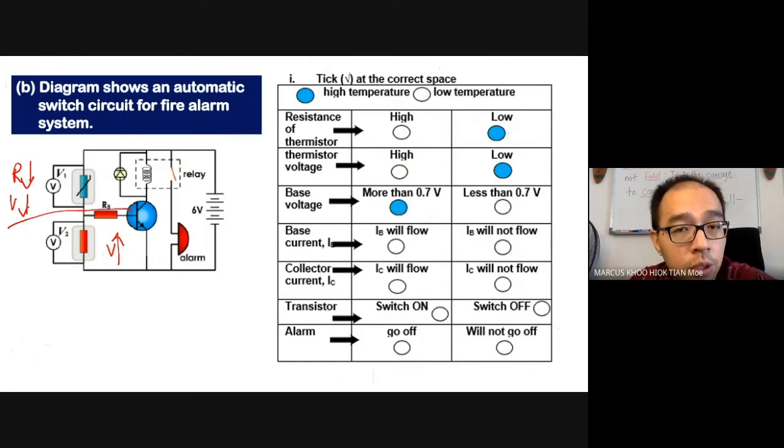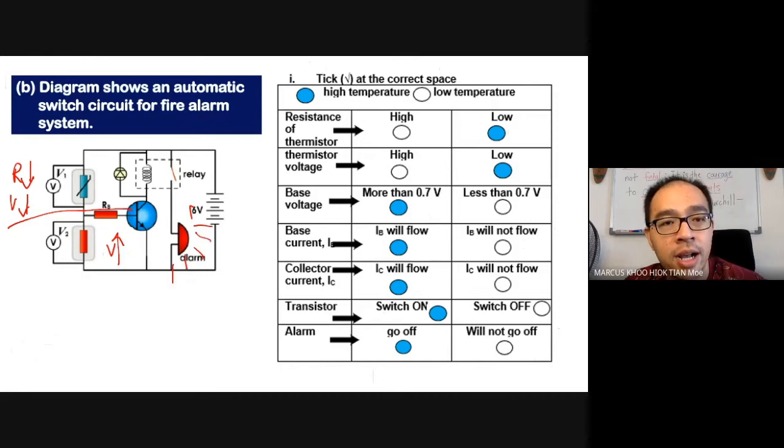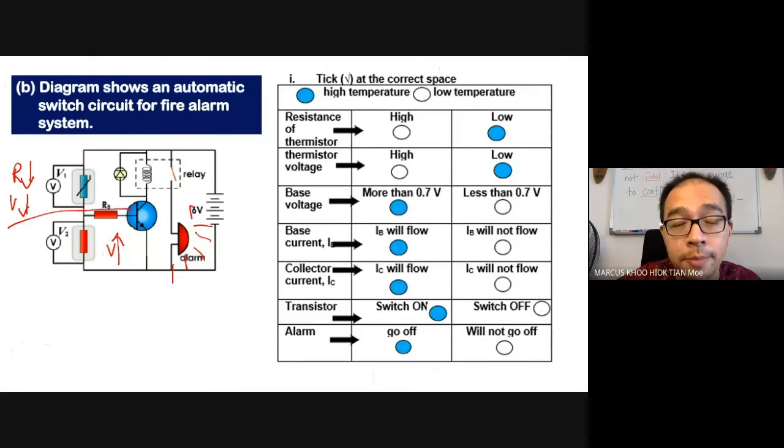The voltage will increase, will become more than 0.7. And because of that, current will flow, base current will flow, collector current will flow, transistor will switch on, alarm will go off. Will go off doesn't mean off, will go off means dia akan ping pong lah. Dia akan bising lah.